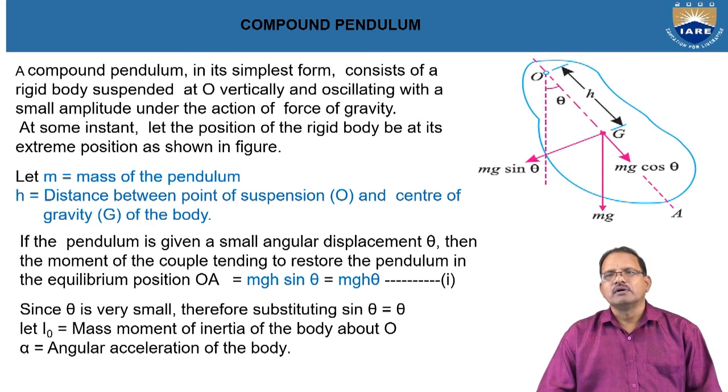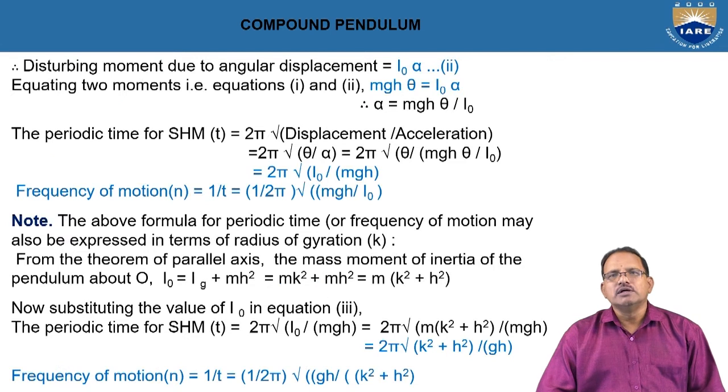theta. Let I naught be the mass moment of inertia of the body about O, alpha be the angular acceleration of the body. Now the disturbing moment due to the angular displacement is given by I naught alpha.